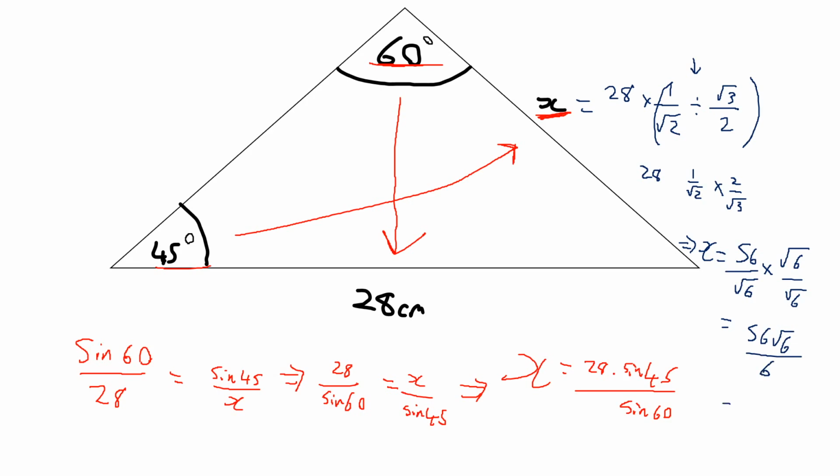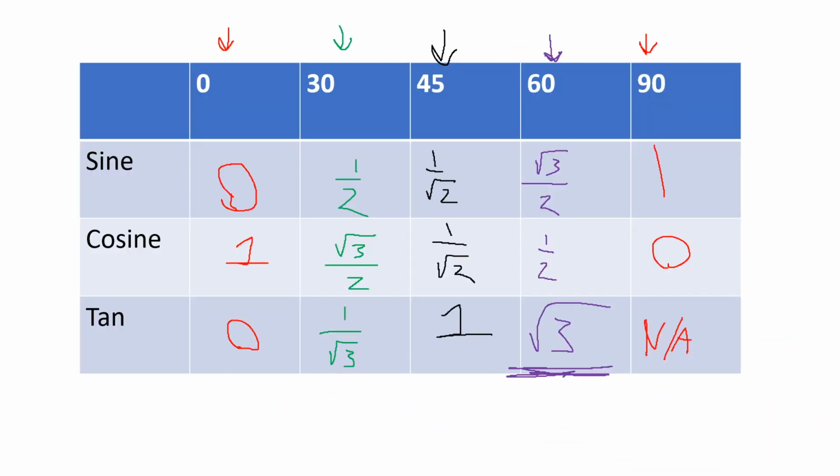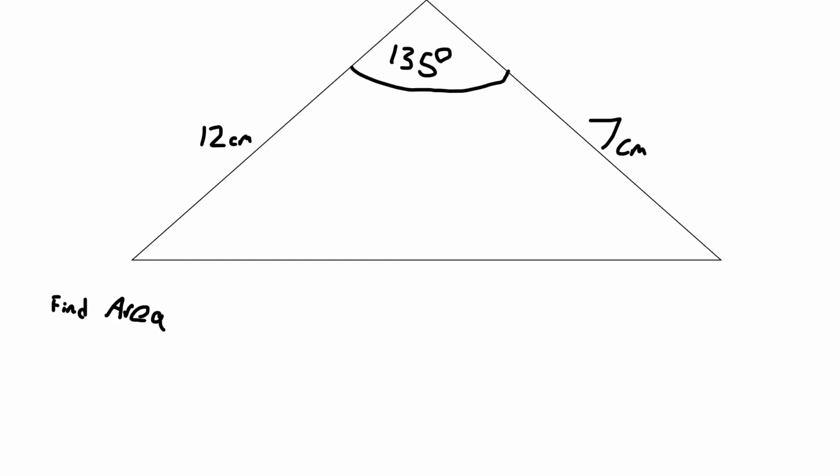And then they're both even, so our final answer is 28 root 6 over 3. Okay? So it's the exact same as the sine rule, only this time we're using the exact values, aren't we?